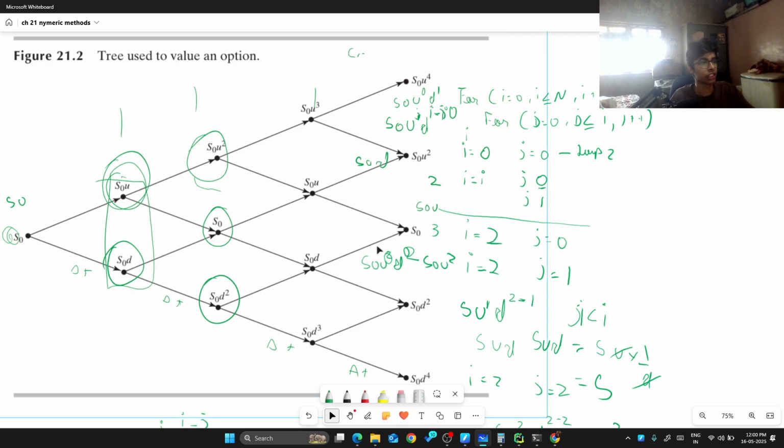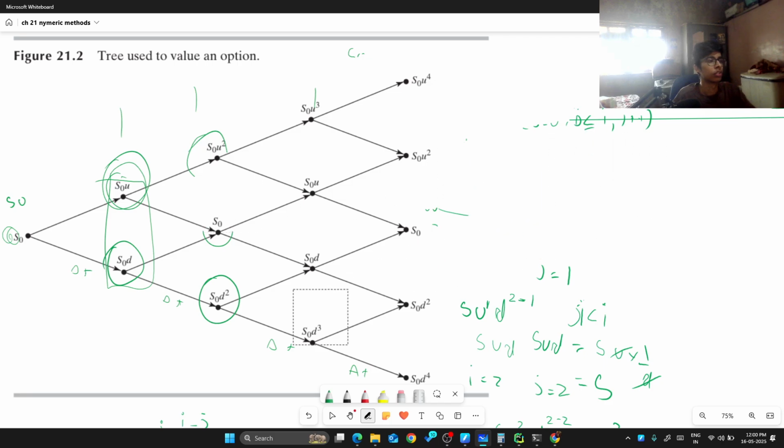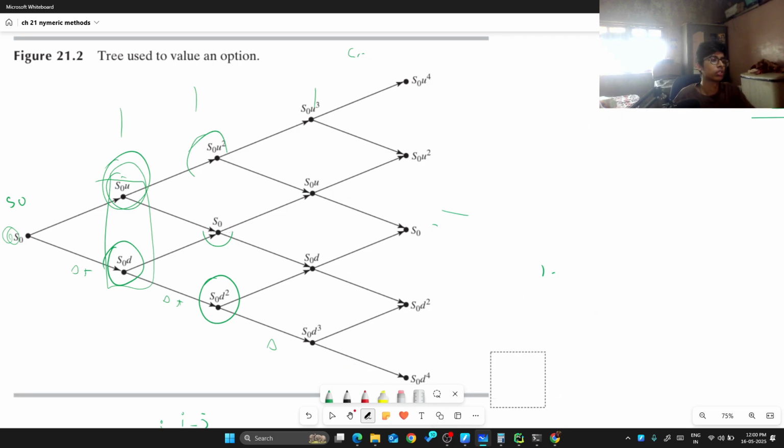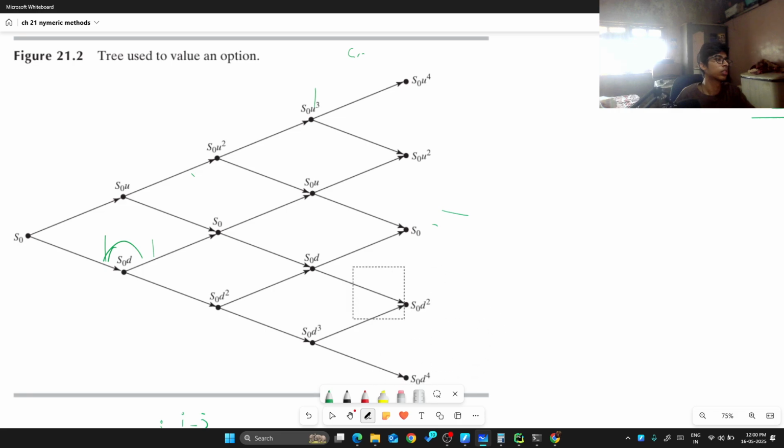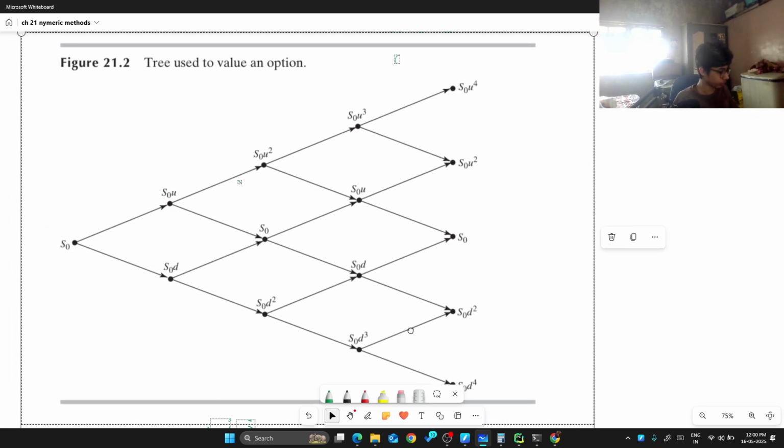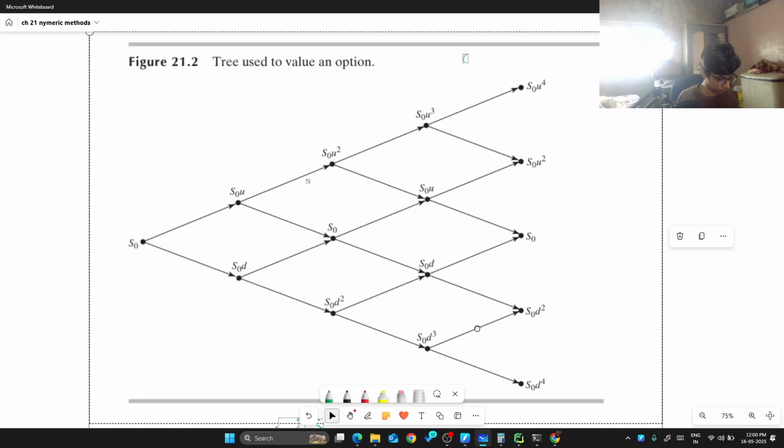Sorry for the misunderstanding. So we understood how the tree works. And delta t we understood. So how should we price it?